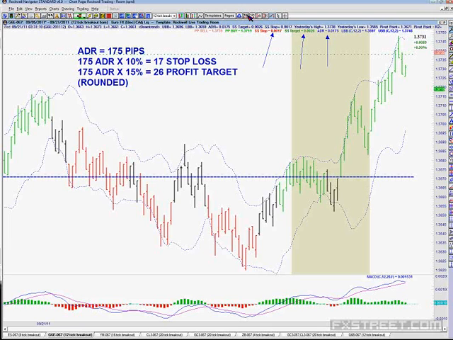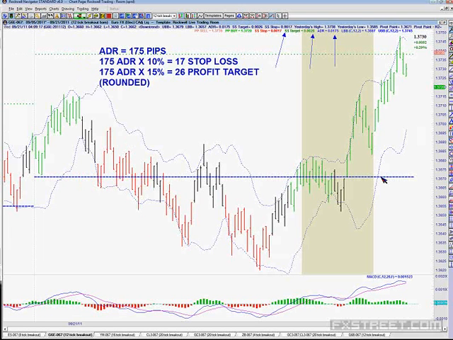Anyway, to make it easy for today's session, what I'm going to do is just show entries and show you how the average daily range target and stop works and how it might be valuable to you. I'm going to use a simple MACD system for entries, and I'm going to use the average daily range for my exits, right?